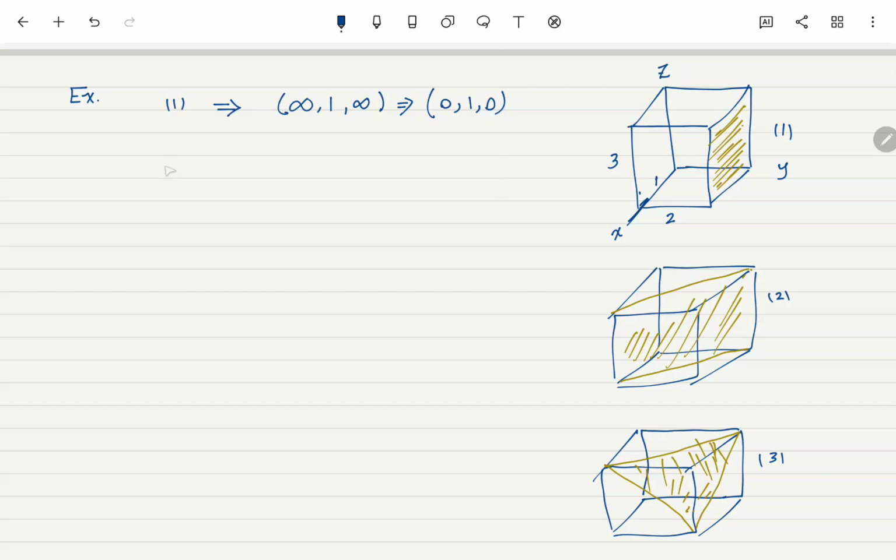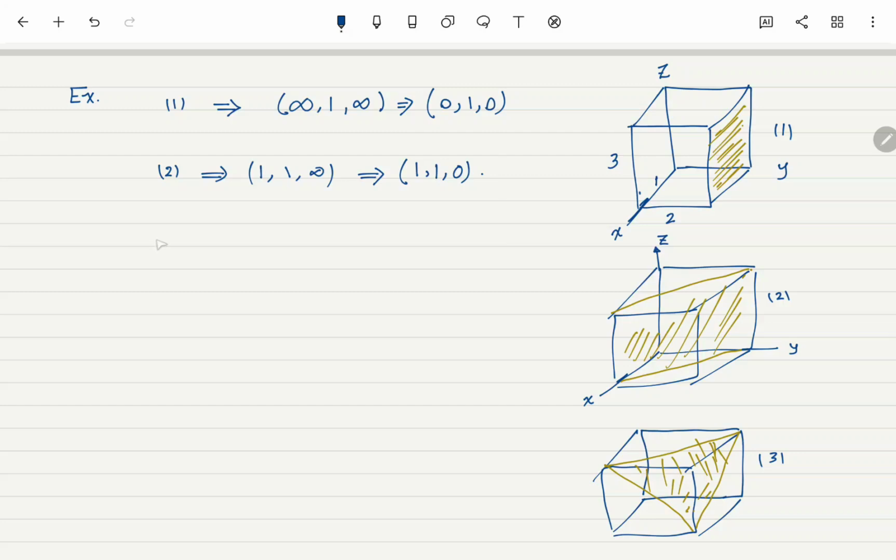Now consider case number 2. This plane intercepts the x-axis at 1, intercepts the y-axis at 1, and never intercepts the z-axis, which means infinity. In other words, take the reciprocal, it will be 1, 1, 0.